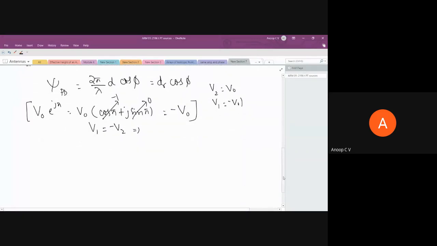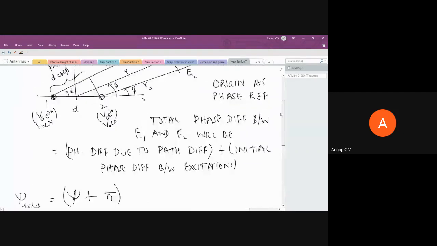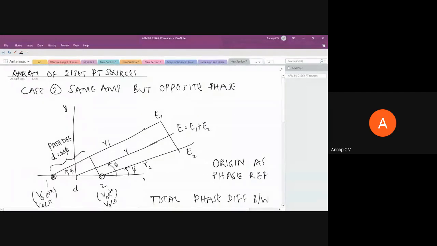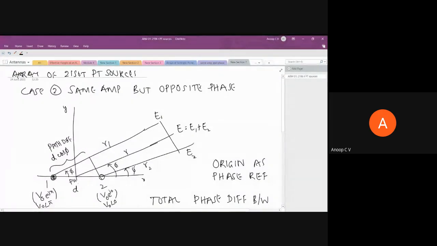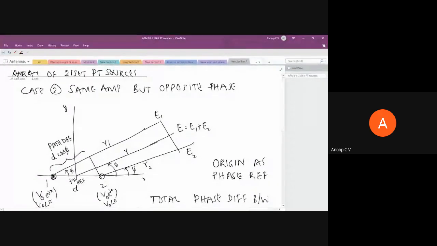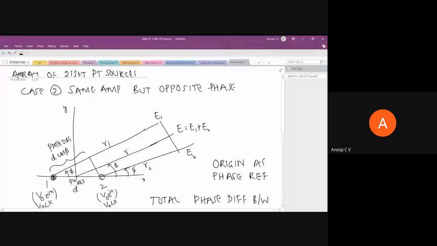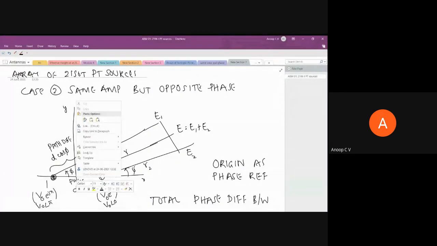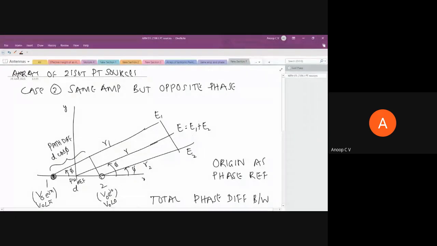I can write, we are assuming origin as phase reference. Which means, I will repeat, if the source was kept at origin, the phasor field at a distance r would have zero phase.